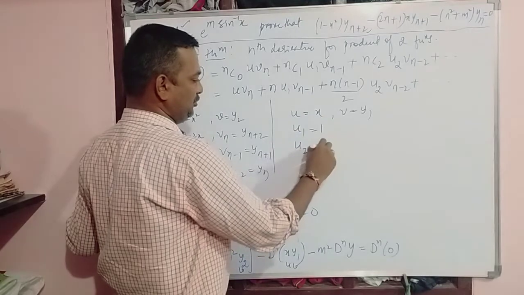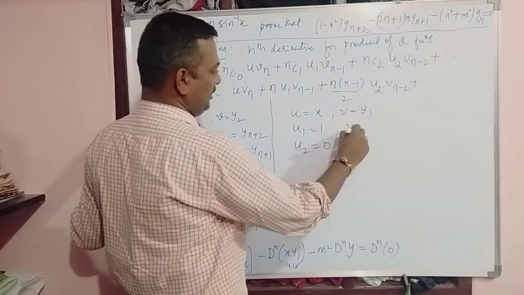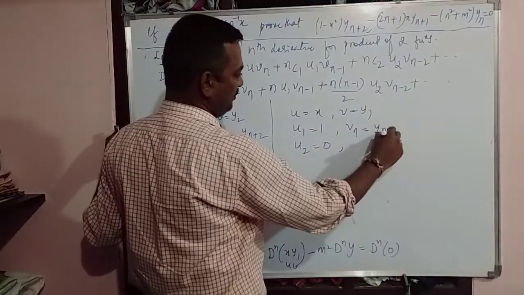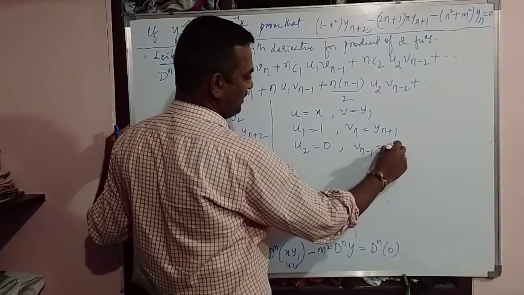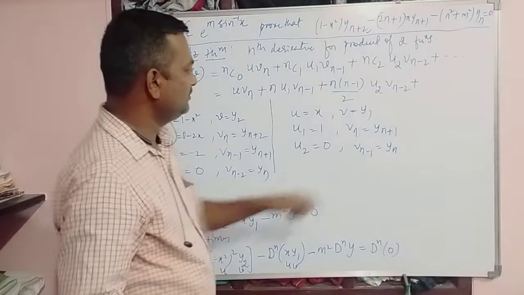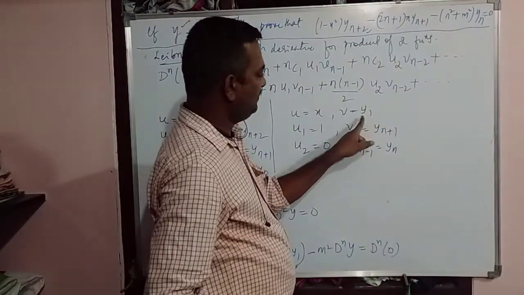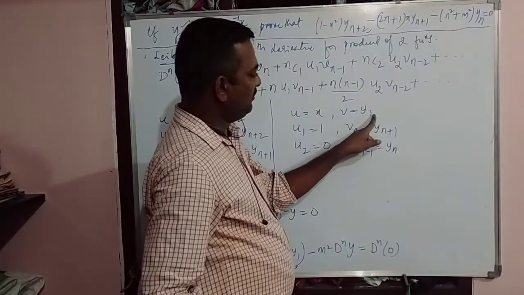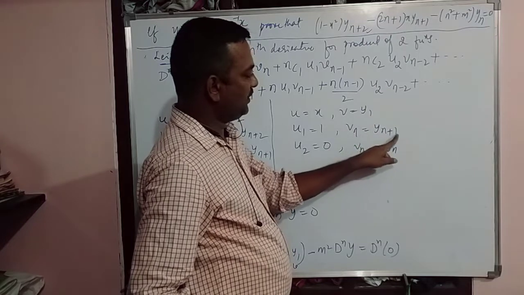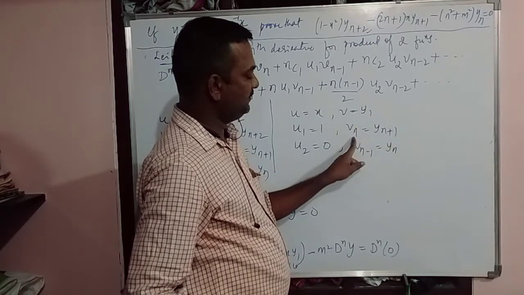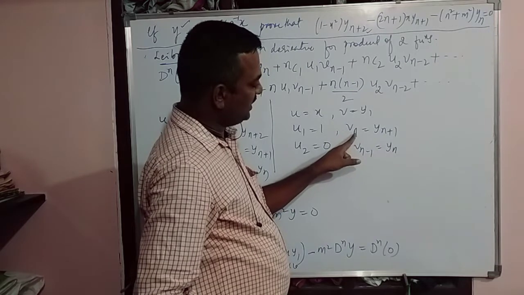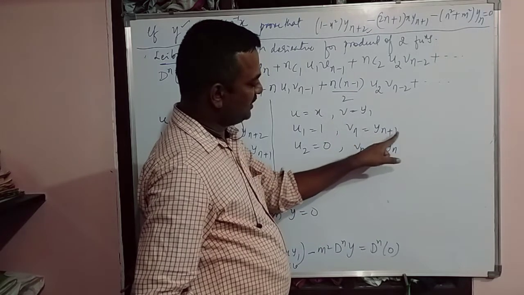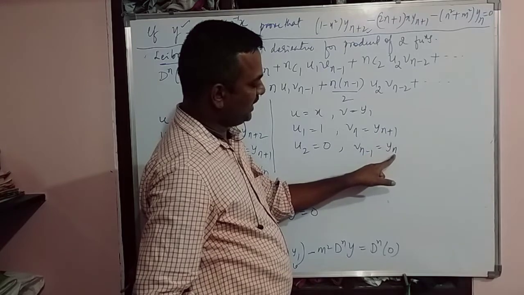What is u2? 0. What is vn? yn plus 1. What is vn minus 1? Just yn. The nth derivative of y1 is yn plus 1, that is vn. So in this term, change n to n minus 1, n plus 1 becomes n, decreased by 1.